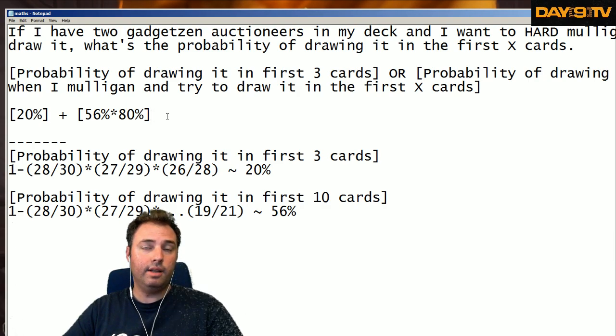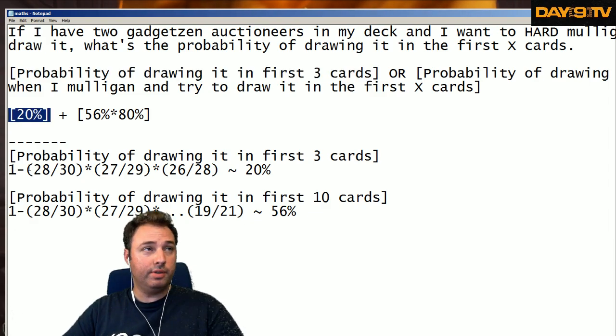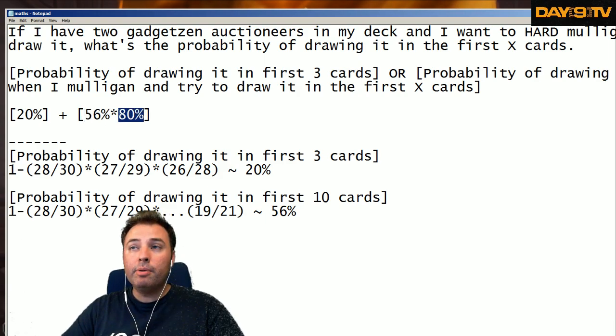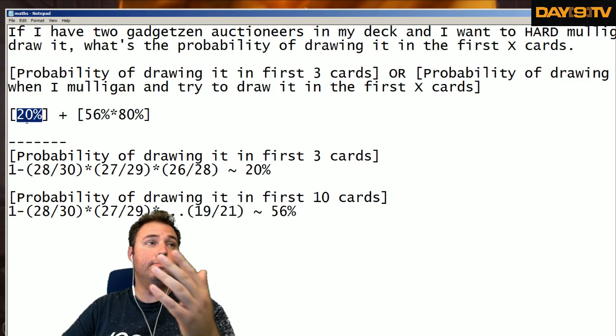So again, probability of drawing it in the first 3 cards, 20%. And then in the other 80% of the time, I'm only getting it 56% of the time. Where did this 80% come from? 20% of the time, I had it in my starting hand, so I didn't mulligan.